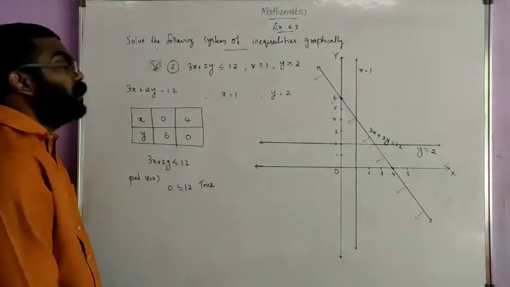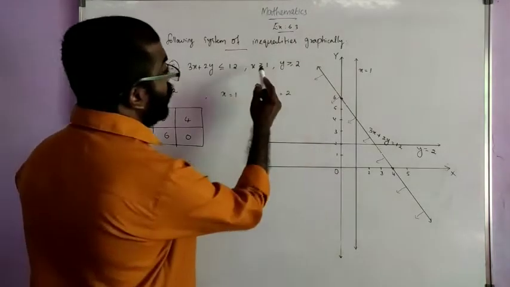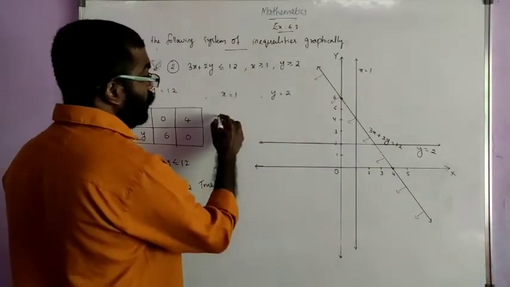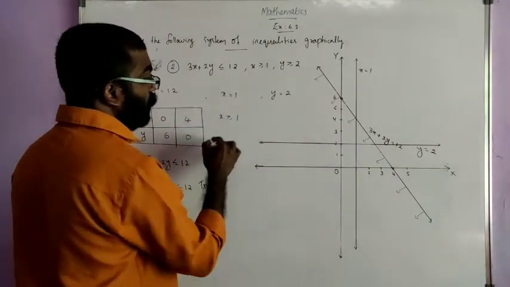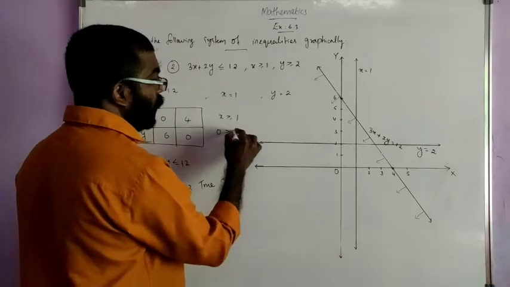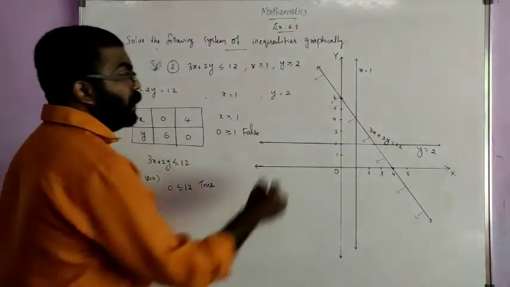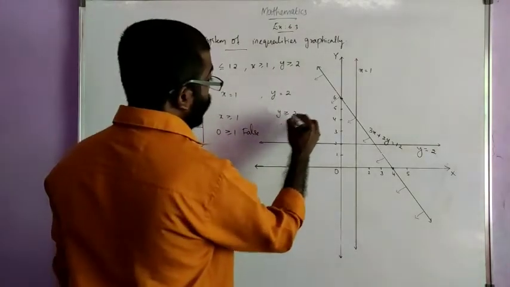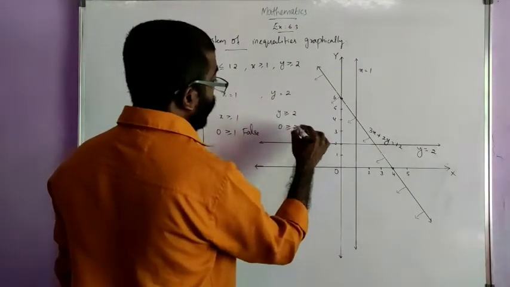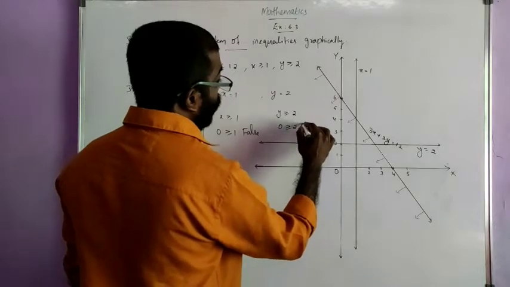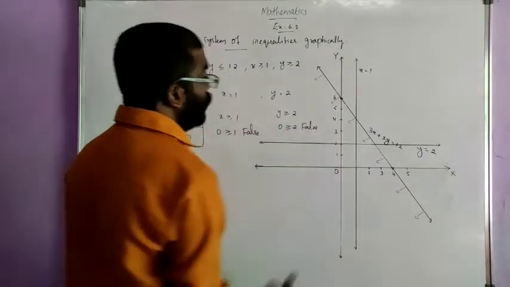Now the next one is x is greater than or equal to 1. Here 0 is greater than or equal to 1. It is a false statement. Here also y greater than or equal to 2. 0 greater than or equal to 2. It's also false statement. Okay.